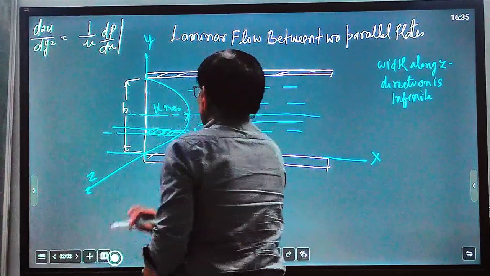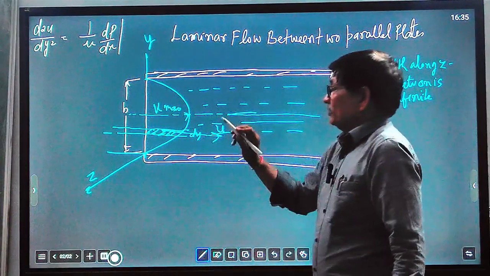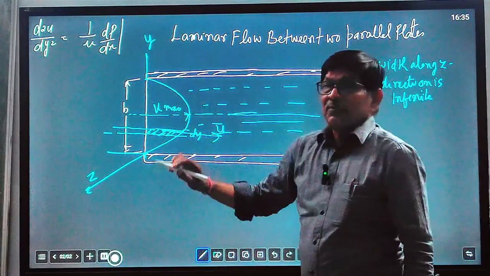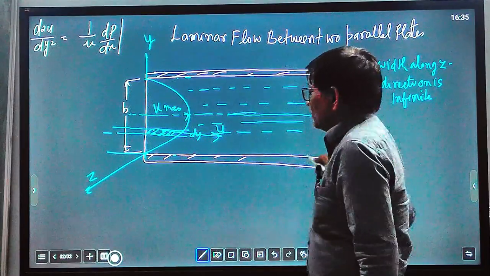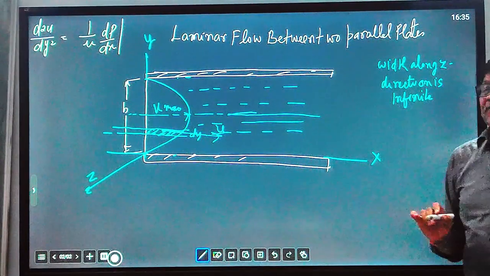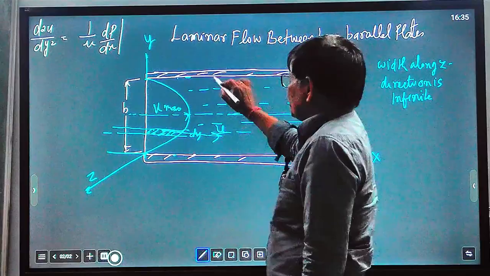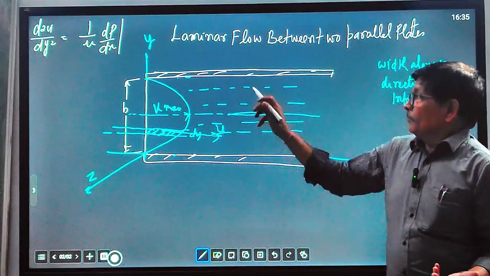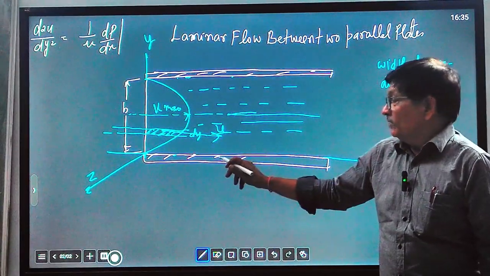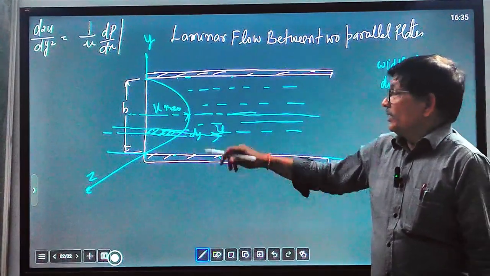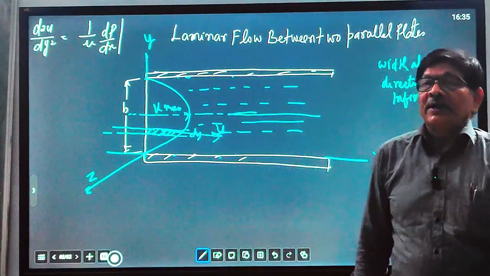As we move up to point b by 2, velocity is maximum, and due to the no-slip condition, flow along this surface will be zero. Velocity will be zero, and as we see from here, if velocity becomes zero here, the shear stress will be maximum. So what is the velocity distribution we have to find out?